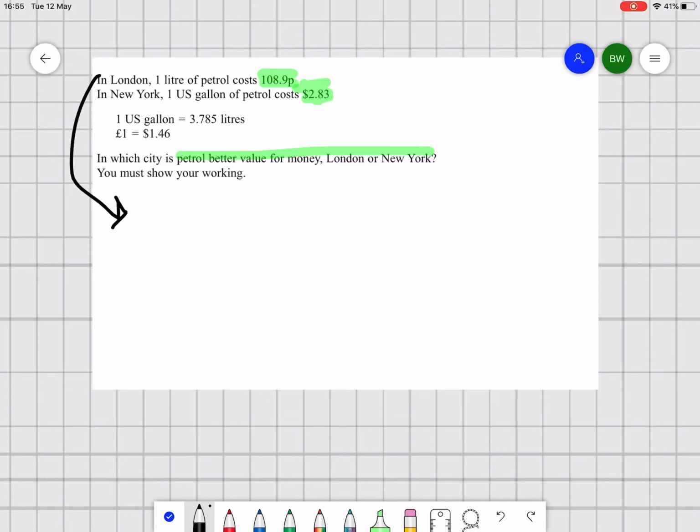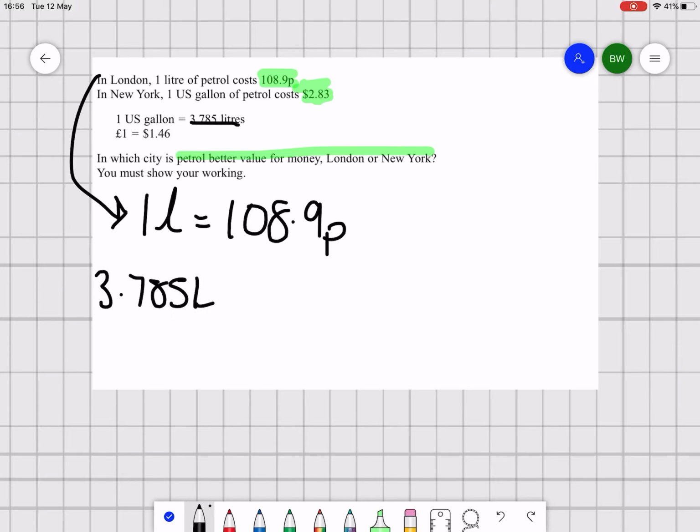So 1 litre is 108.9 pence. Well, actually, I need 3.785 litres to be equivalent to 1 gallon. So to get from 1 litre being 108.9 pence, I need 3.785 litres.